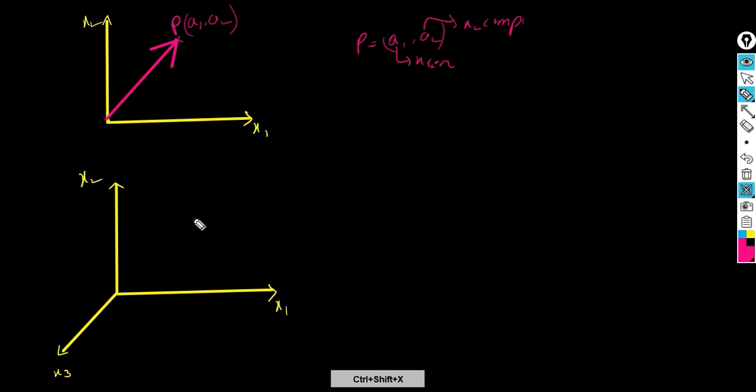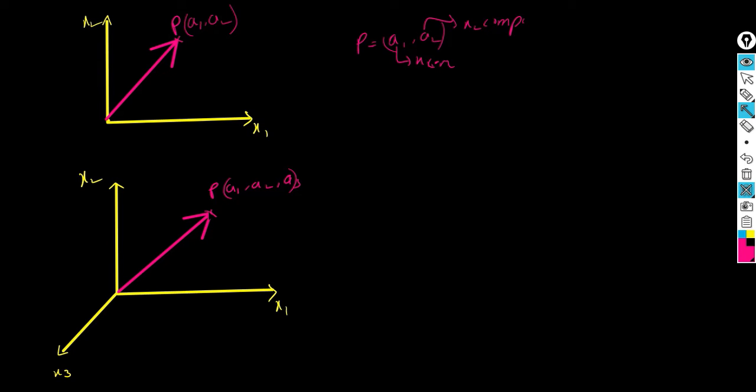Similarly, in the 3D space, let's consider point P, a1 comma a2 comma a3, and this is also a point. Now, to represent this point as a vector, we need to give direction.